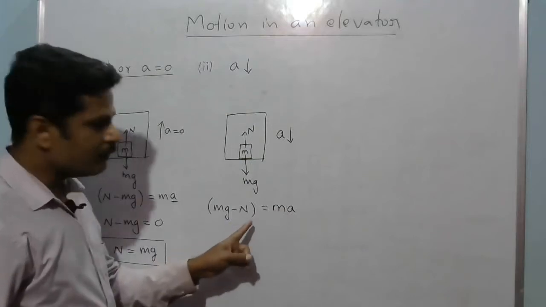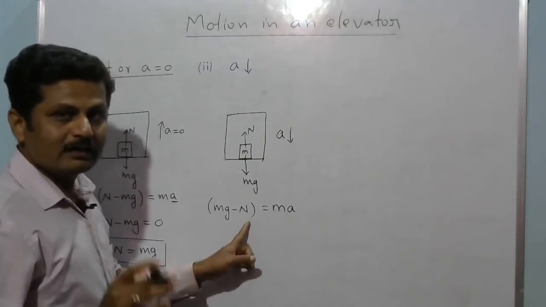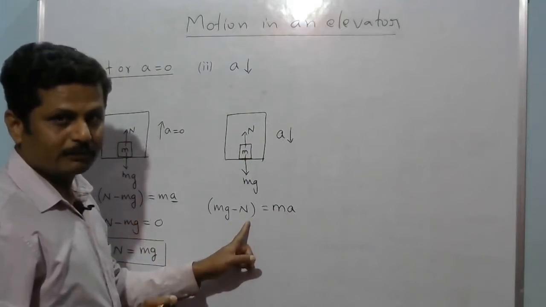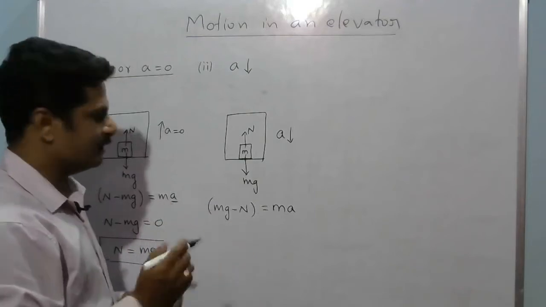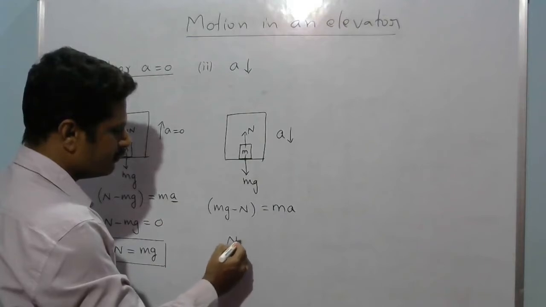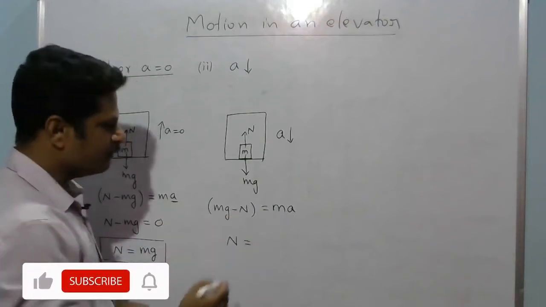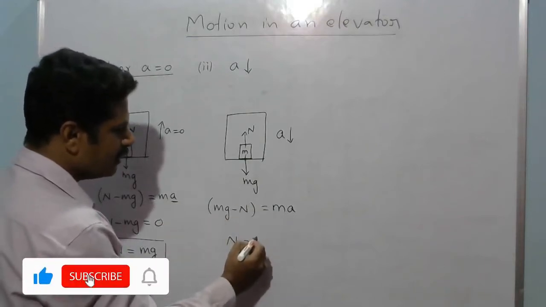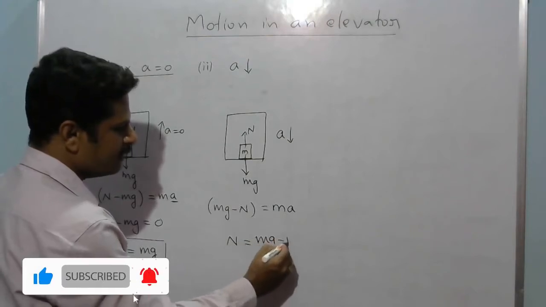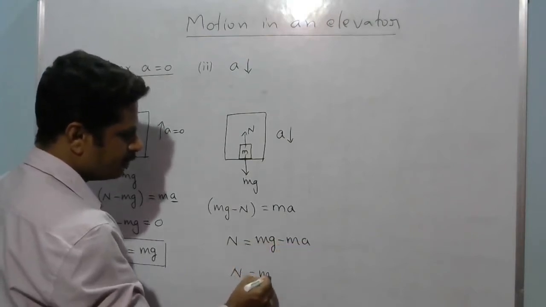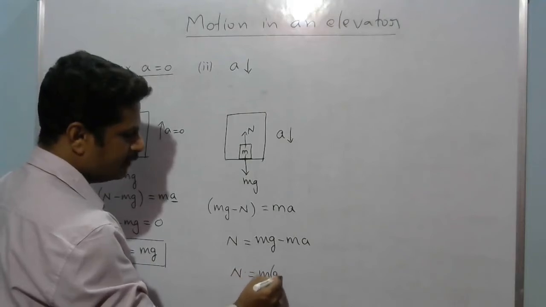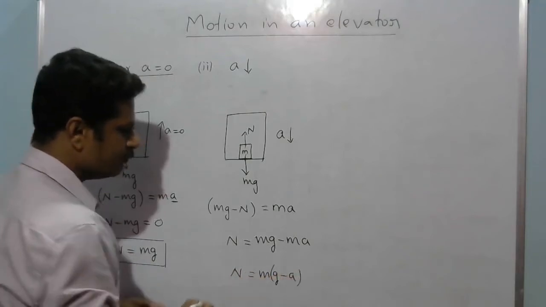Now actually what we want is N. N is the apparent weight of the body which is present inside the elevator when the elevator is accelerating. So we can write N equals, making N the subject, mg minus ma. So this is nothing but N equals m of g minus a.